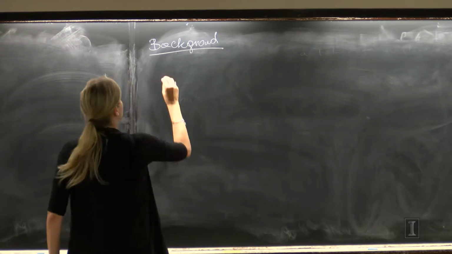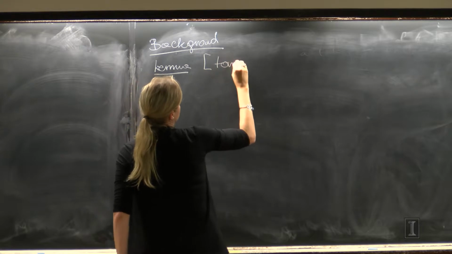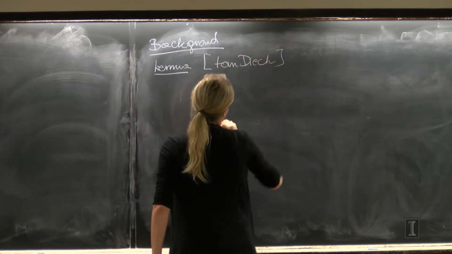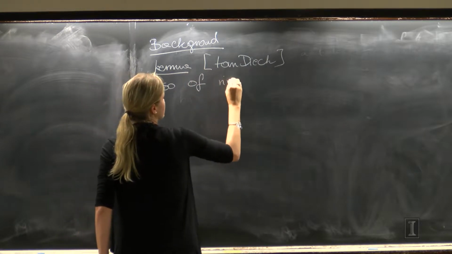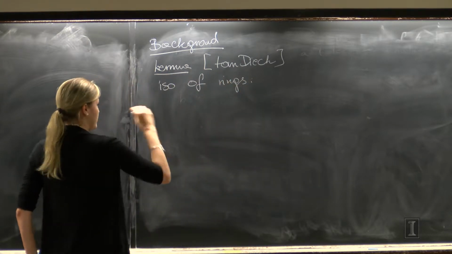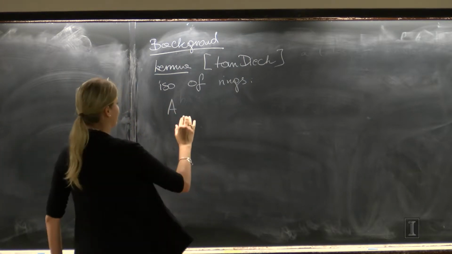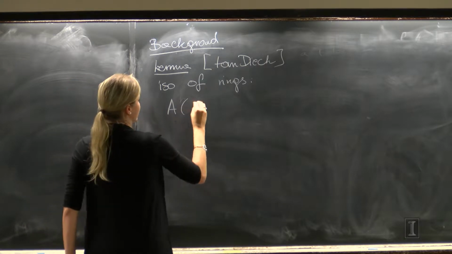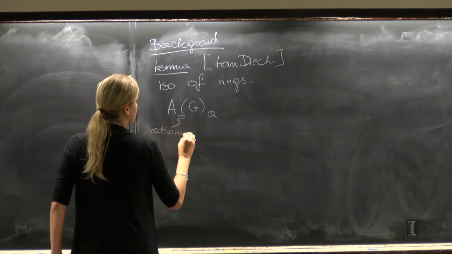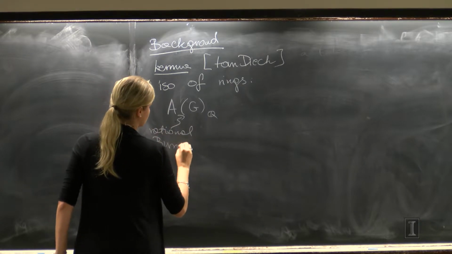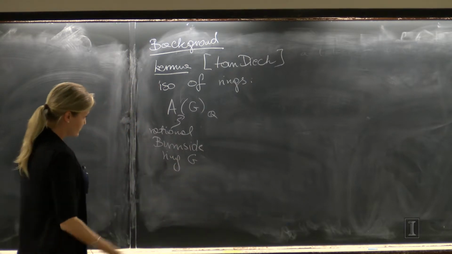So there's a lemma of Tom Dieck, which says that you have an isomorphism of rings. I'm going to take this A, which is a different A than before. That was the curly A. This is a straight A. This is the rational Burnside ring for G. What is it?